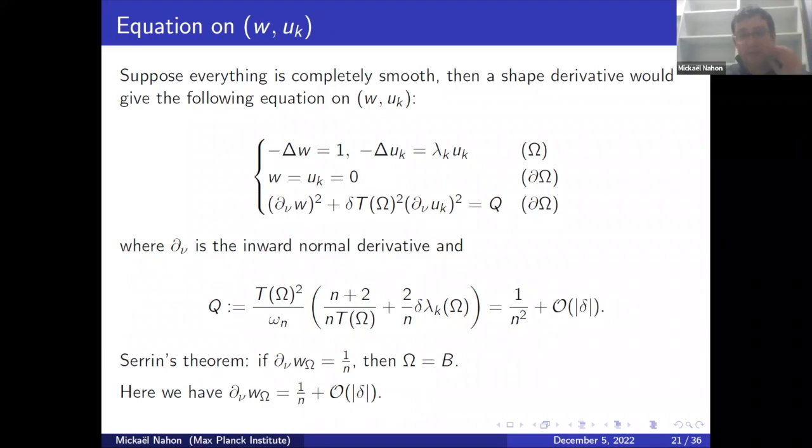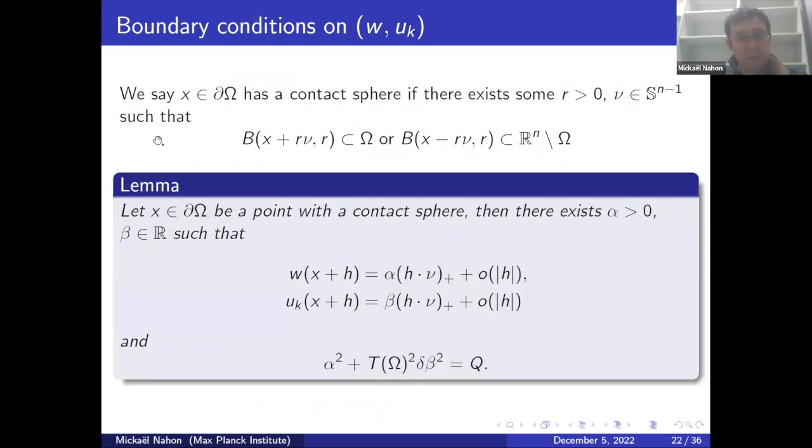Okay, and as I said, this equation we get assuming that the boundary of the domain is smooth, but this is actually not a problem, because, this one is maybe more a technical issue, this equation is actually valid at every contact point of the boundary.